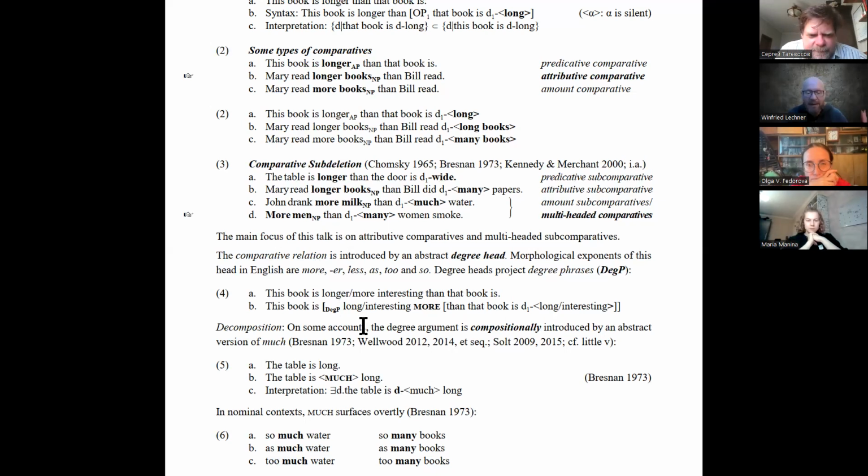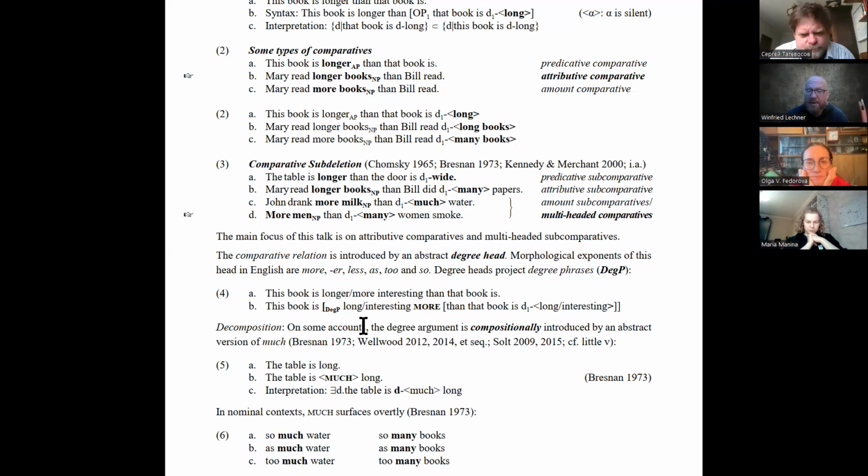Now, interestingly enough, there has been a recent development over the last 10 years to look more into the fine-grained anatomy of the degree construction, concluding that it's possible to decompose the various parts that play a role in semantics and introduce them separately in syntax. Which parts do I have in mind?